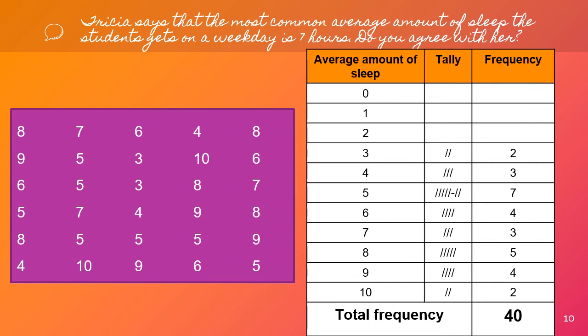As you can see, the average amount of sleep for 5 hours is 7 students. So, therefore, the most common average amount of sleep the students get on weekdays is 5 hours.